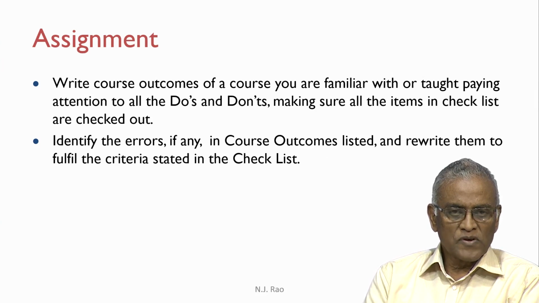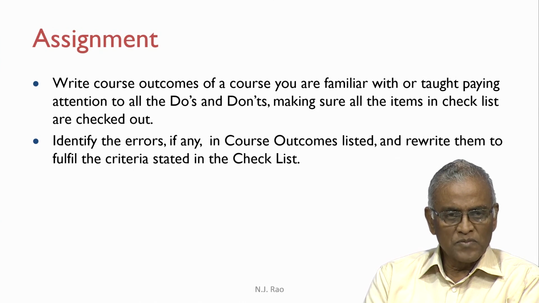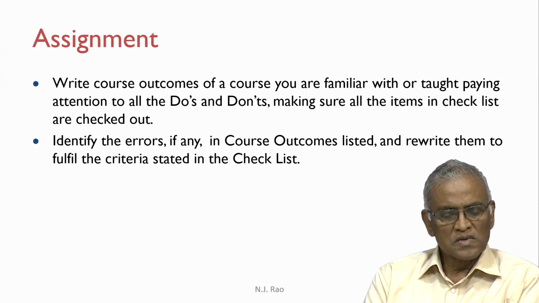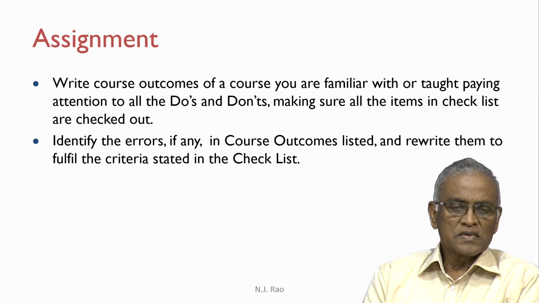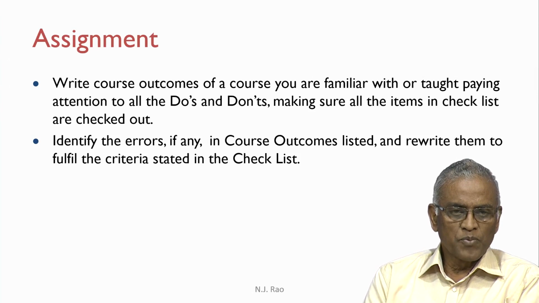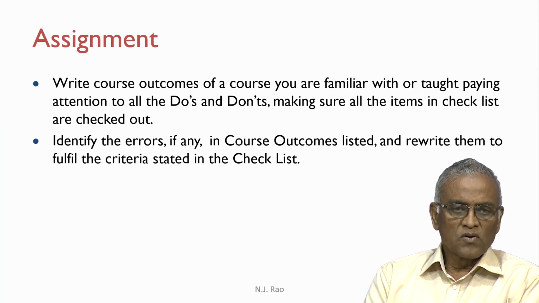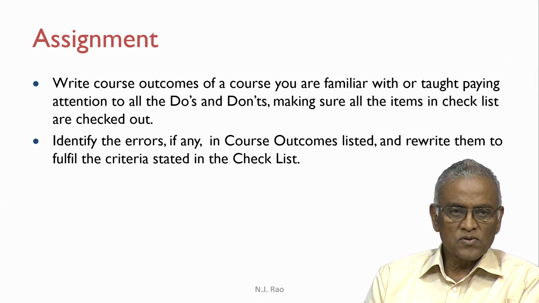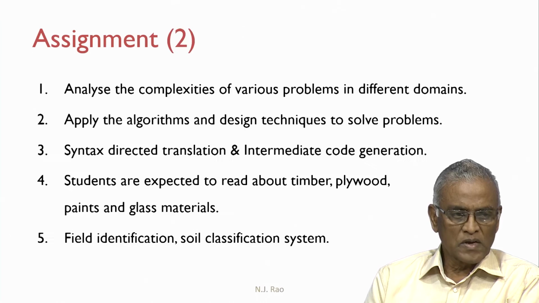First of all, if there is something wrong with them, you have to state what is wrong with them and then reword it, though it may not belong to the subjects you are familiar with. Just correct the sentence so that it can be pulled in as an appropriate course outcome. Let us run through these items quickly.